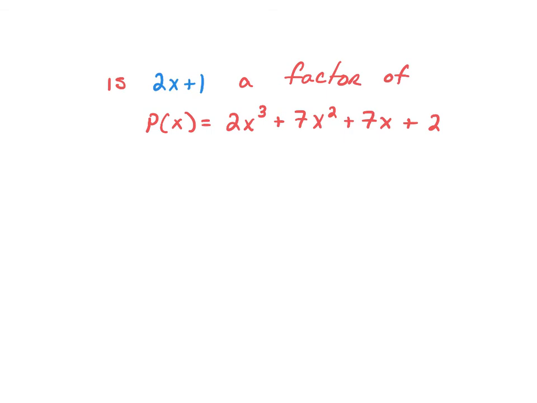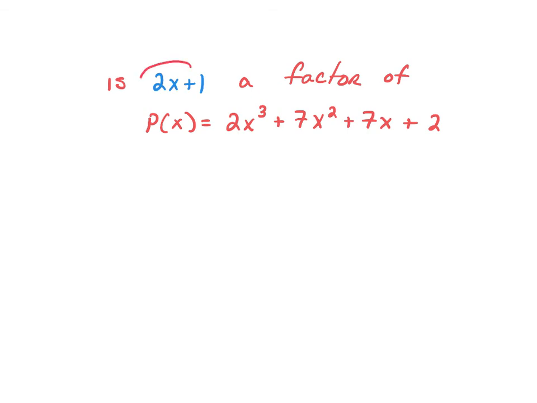All right, now this one's a little tougher because we're asking if 2x plus 1 is a factor of this. And while we could do long division, 2x plus 1 divided into p of x, long division takes too much time. Now, we did discuss the fact that, hey, unless this is a 1, you can't do synthetic. Well, that was a little disingenuous because we actually can.